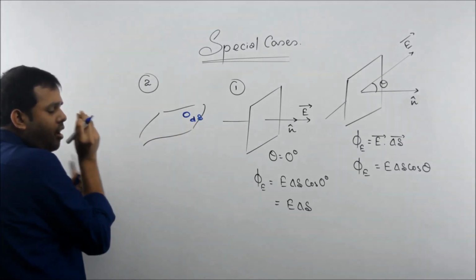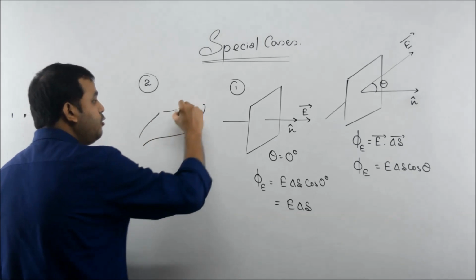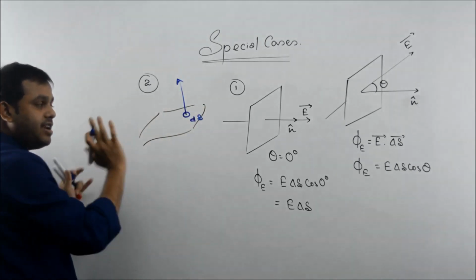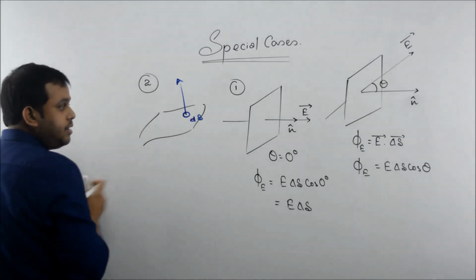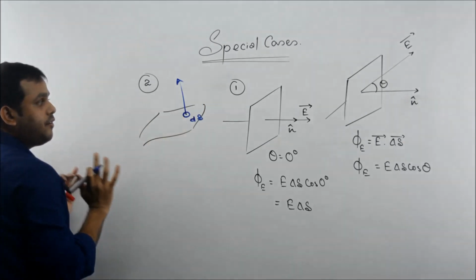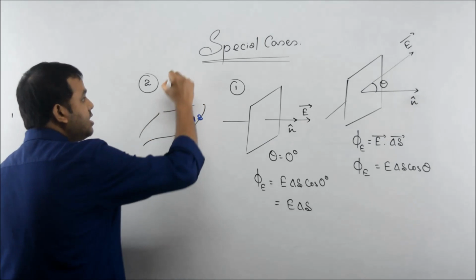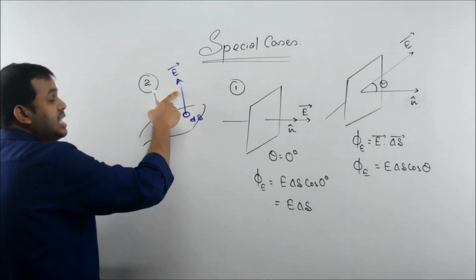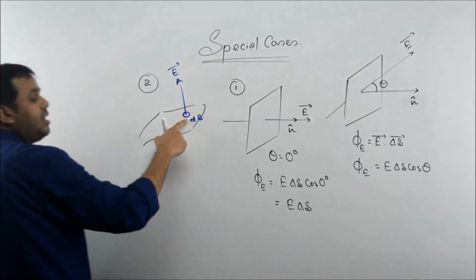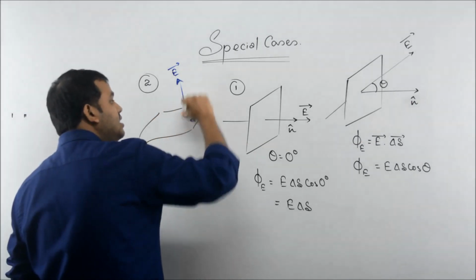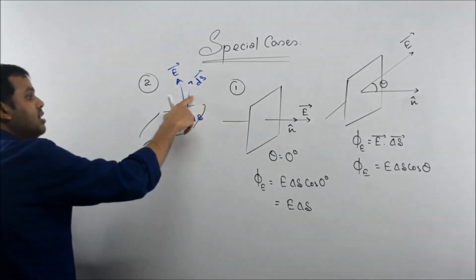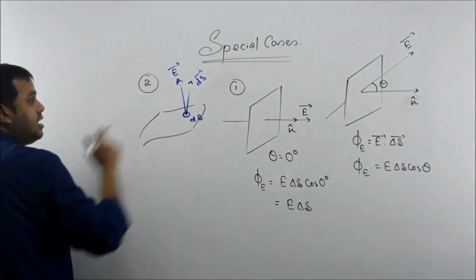Now for this small element ds, obviously electric field will be uniform. For this entire area, the electric field is non-uniform, but for small element ds, electric field will be uniform. So let us consider that this is the uniform electric field for this small element ds. And let us consider that this is ds vector, or you can say this is the direction of normal to this area element.